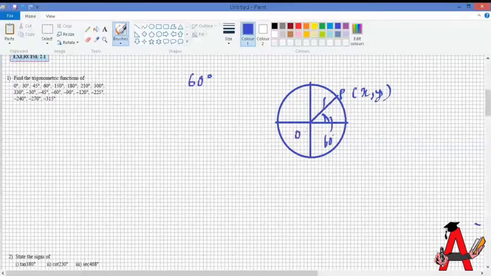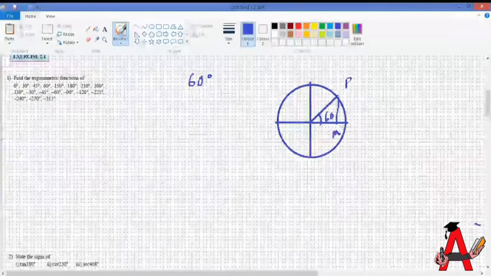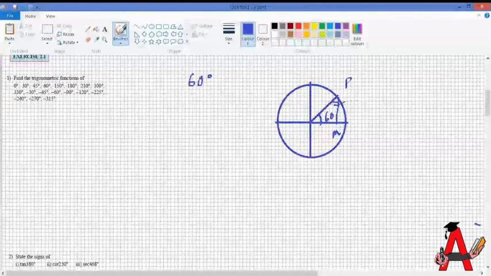Now you know that this angle is 60 degrees, and therefore this angle PMO will be 90 degrees. Again, this angle is 60 degrees, this is PM, and this angle is equal to 30 degrees.